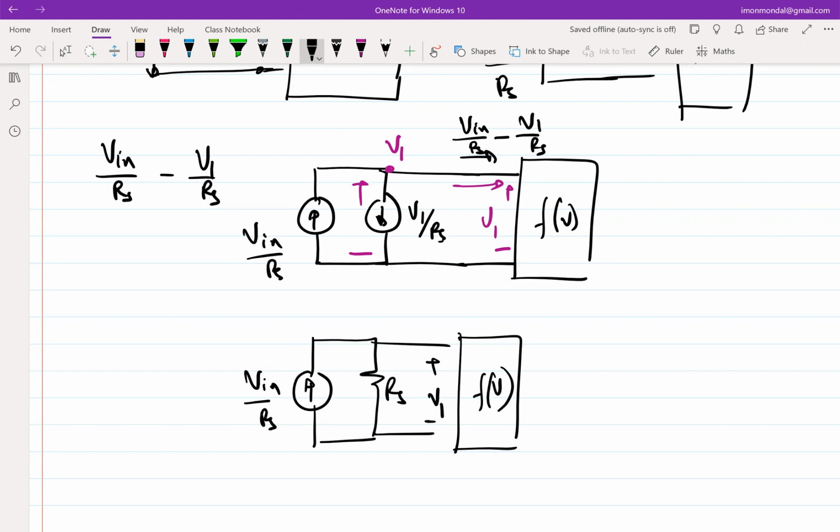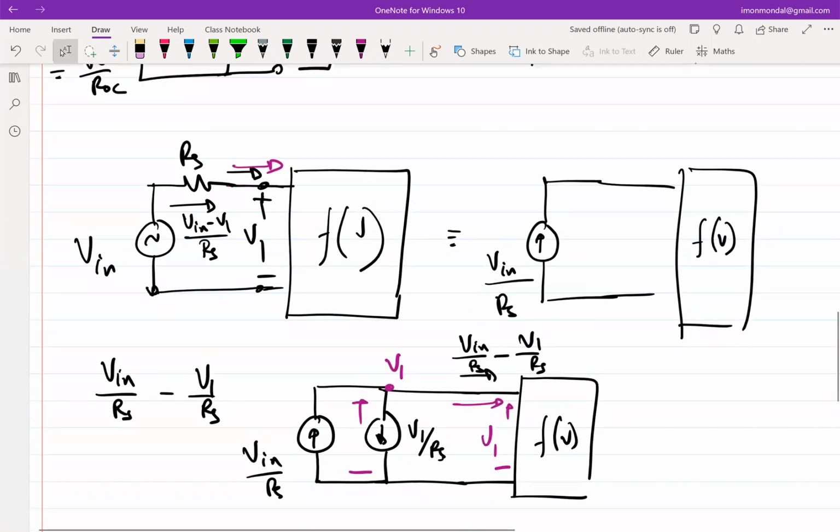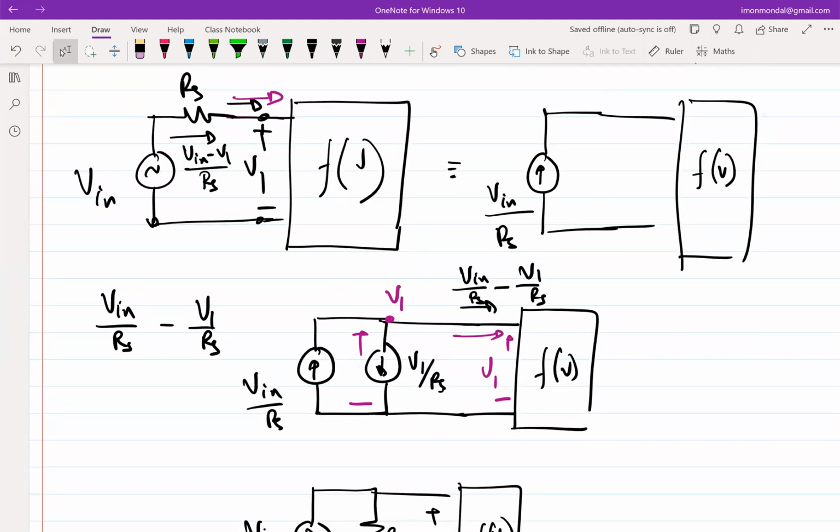Now note, what couldn't I have done if, instead of RS, I had a nonlinear element? Which step was not possible? The step that wouldn't have been possible is that I couldn't have expressed the current that is flowing in with this expression.